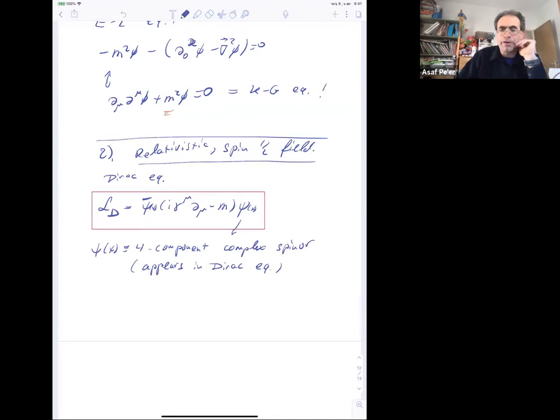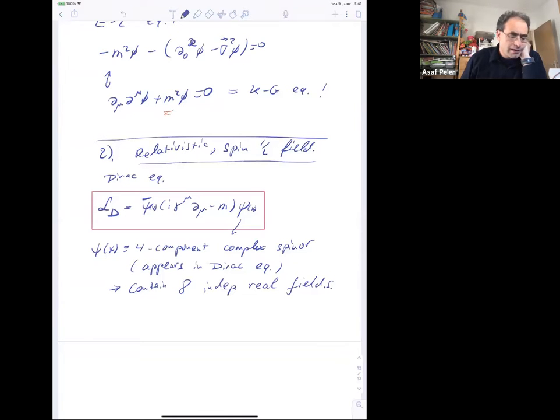Each one is complex, so it has real and imaginary parts. So you really have 8 independent real fields. And we can use all these fields as generalized coordinates if we want to. But of course, it's much more convenient to use some linear combination of them.